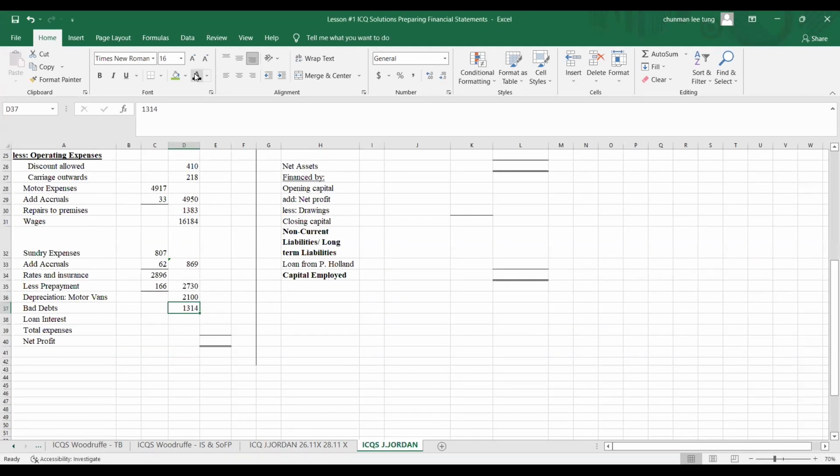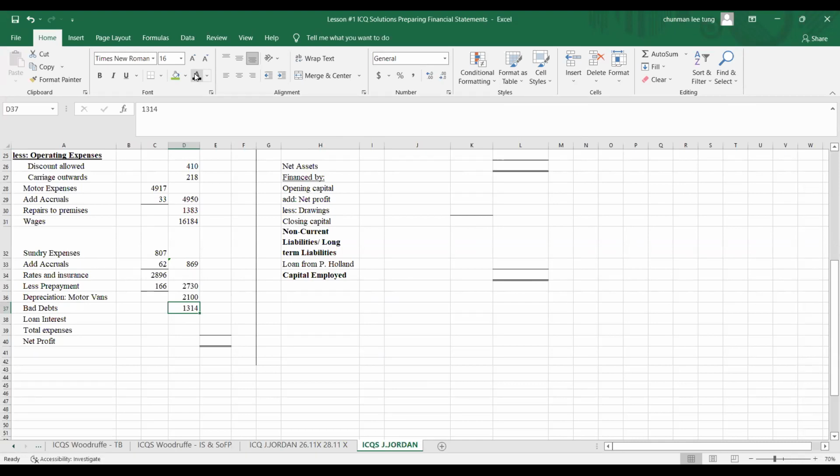Provision for the bad debts, you will not put it in the profit and loss account. You'll put it in your balance sheet. So any provisions, any provision for depreciation, any provision for bad debts, that will only be seen in your balance sheet. You only account for your expenses in the profit and loss account. So we are through with depreciation expense. We are through with the bad debts expense.